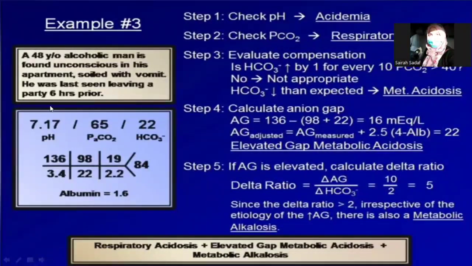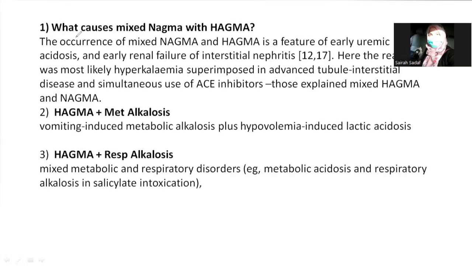Now let me give you some examples. What causes mixed NAGMA and HAGMA? How can I say that the patient is having high anion gap and, in the same blood, non-anion gap? How come?